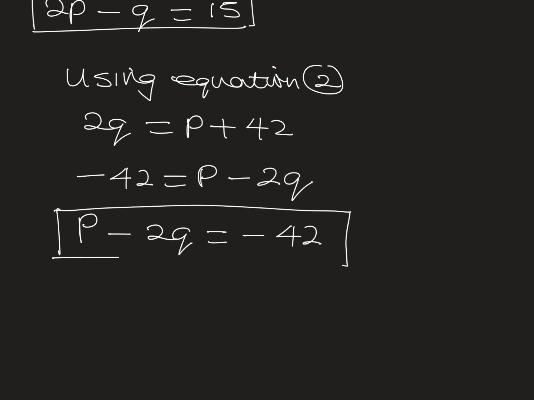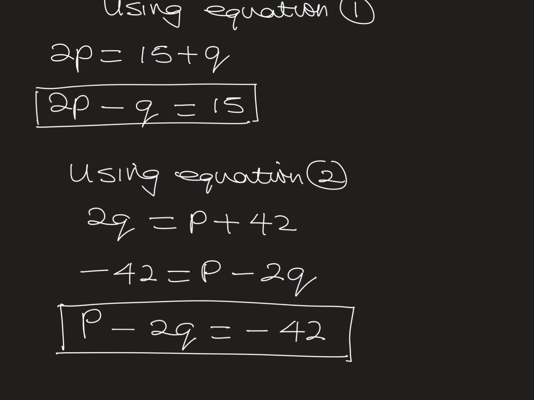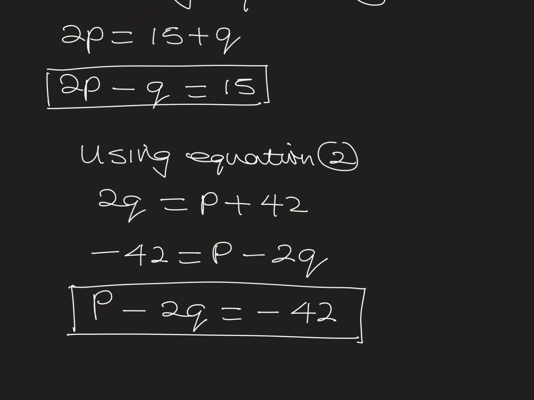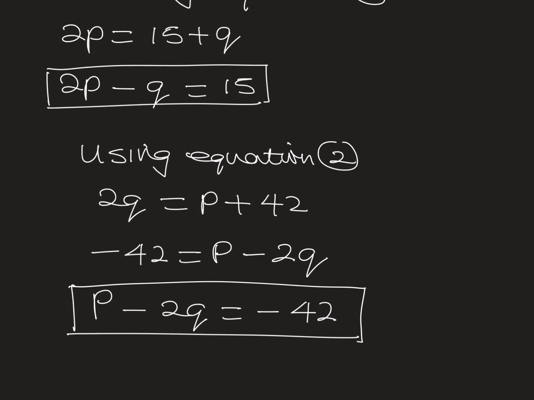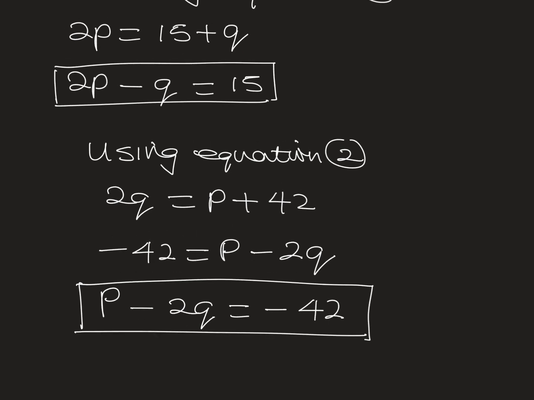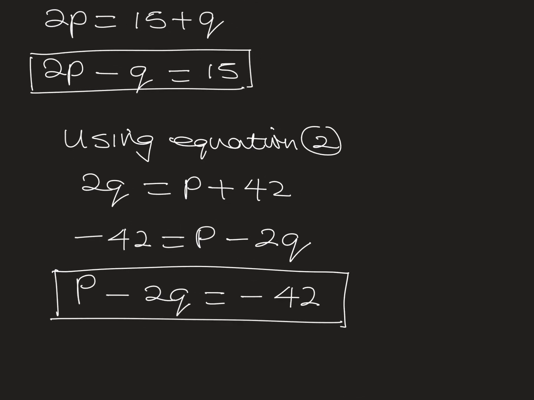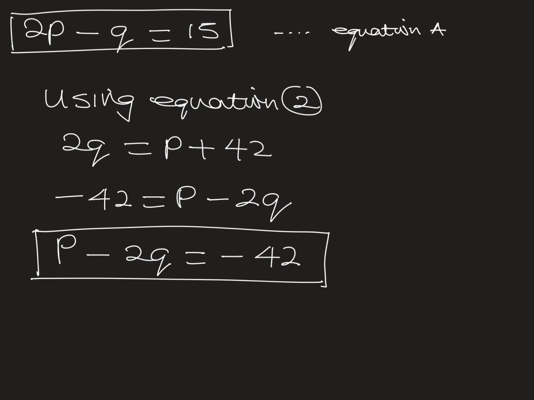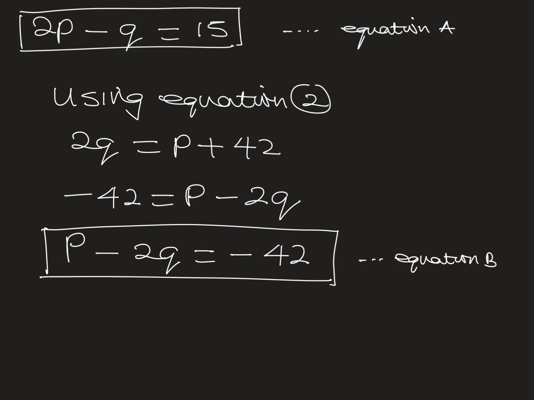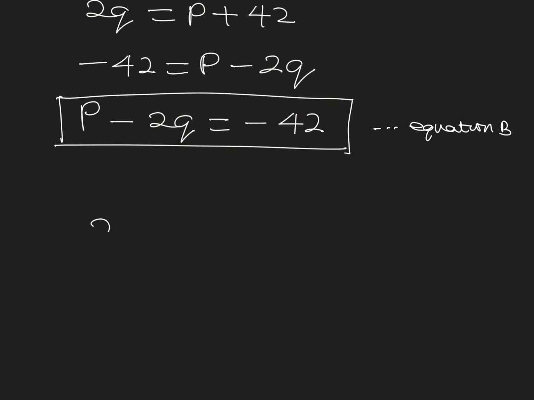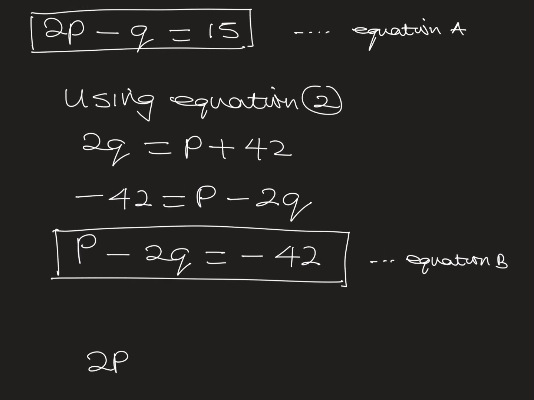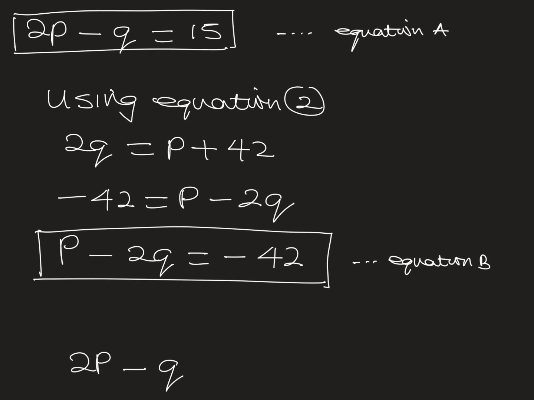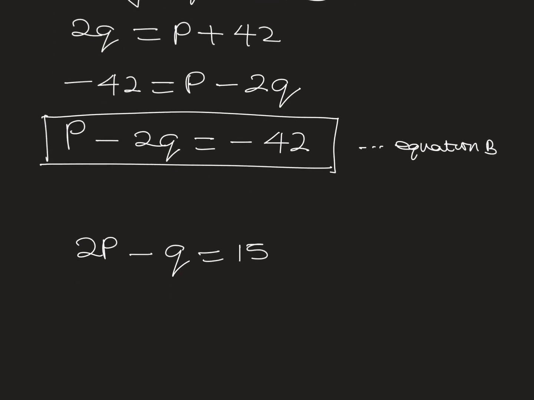So we can use these two equations now and solve them as simultaneous equations. Is that right? Okay, so let's call this equation A and call this equation B. Equation A is 2p minus q is equal to 15.